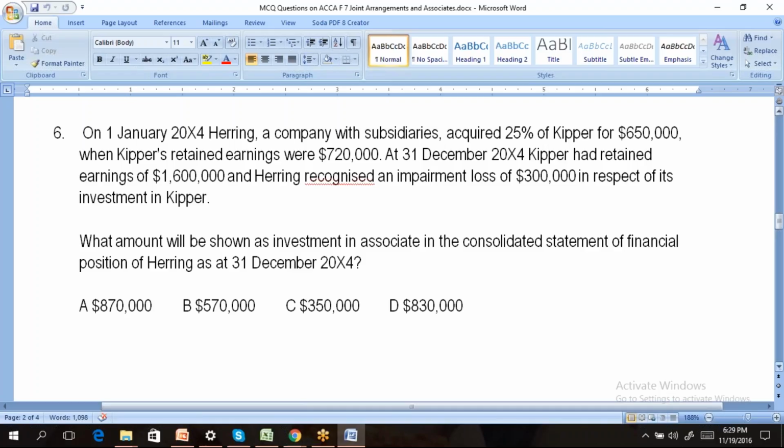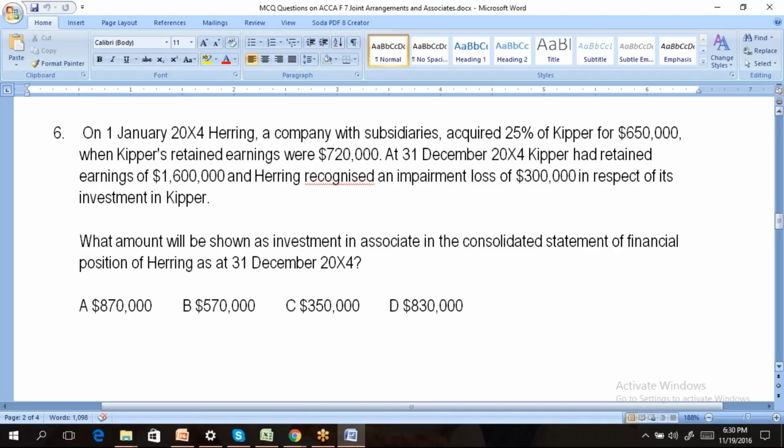You can see it is a company with subsidiaries, because only then can you prepare the consolidated statements. At 31st of December 2004, Keeper had retained earnings of 1,600, and Heron recognized an impairment loss of 300 in respect of its investment in Keeper. What amount should be shown as investment in associates in the consolidated financial statements of Heron?